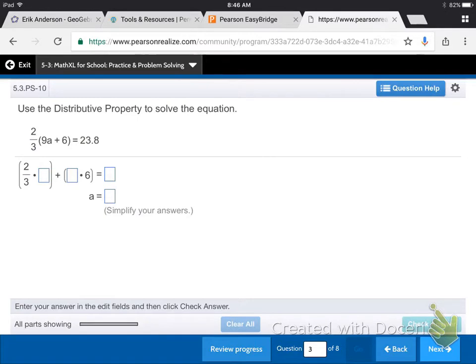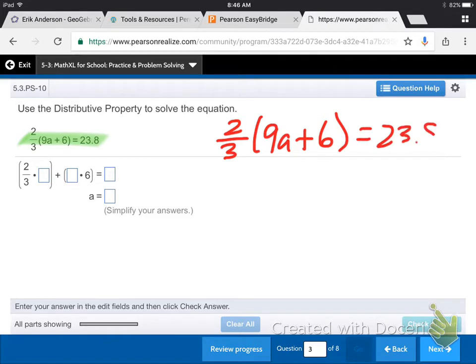Alrighty, next problem. Here's the equation. It says 2/3 times the quantity 9a plus 6 equals 23.8. There's the full equation. So I'm going to write it down over here. 2/3 times the quantity of 9a plus 6 equals 23.8.